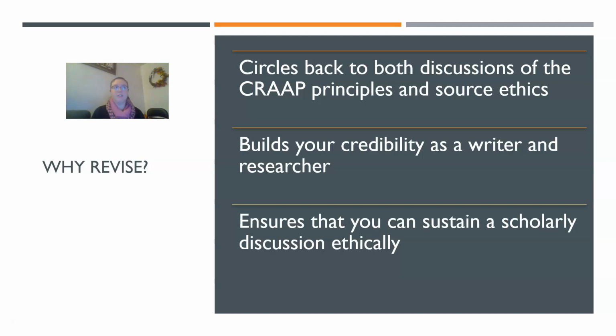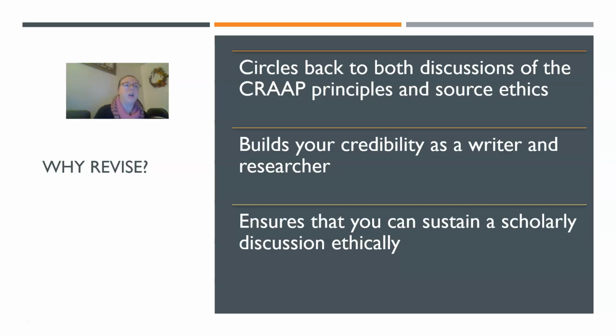When we revise for content accuracy, really what we're doing is we're circling back to both discussions of the CRAP principles and source ethics, because we are ensuring that we're representing our source with absolute accuracy, or the best accuracy that we can possibly extend. But we are also doing so in a way that represents the work in the ways in which the author wanted that work represented.